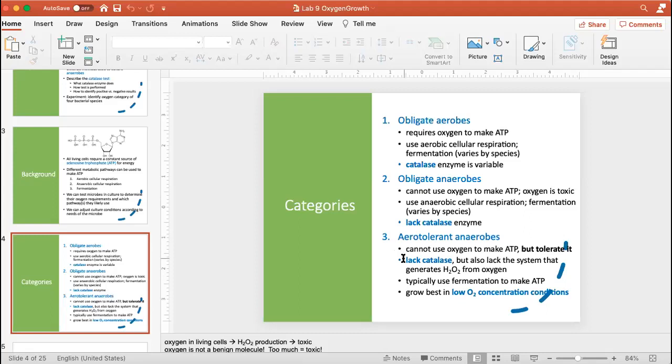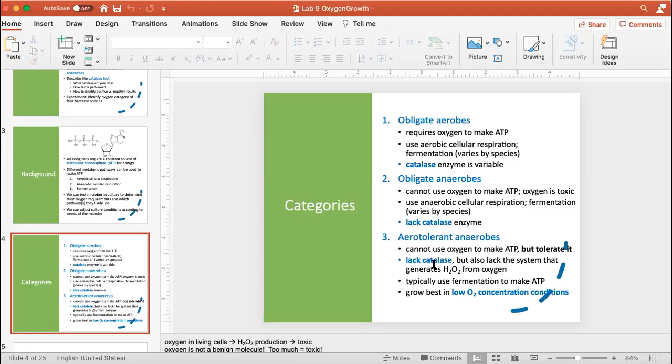These organisms typically lack catalase, but they also don't tend to have the problem of generating toxic byproducts from oxygen. They just don't tend to make toxic byproducts from oxygen. They're not using oxygen, and they just don't have a need for the enzyme systems to break down toxic byproducts.